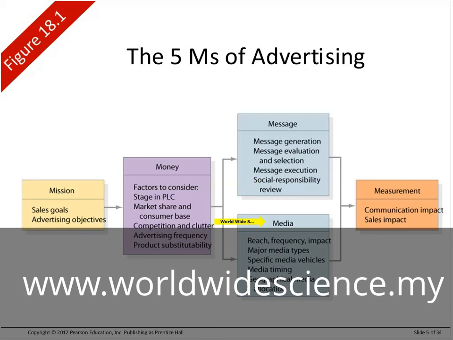And also, what is the media? You choose the media for sending your message. Which kind of media? Three important things about media are reach, frequency, and impact. How many people can use this media? For example, TV, newspaper, or satellite. How many people can your message reach through this media? Okay, how society reviews the message.